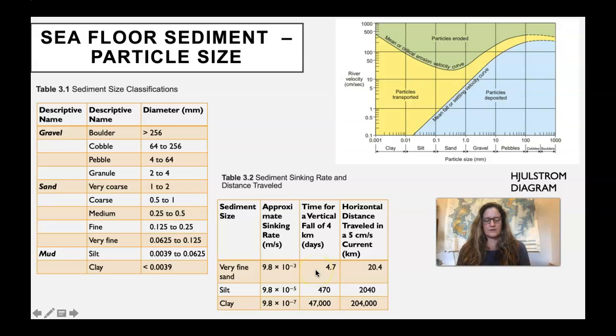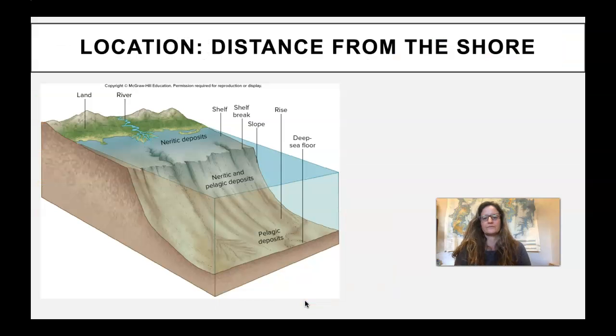So 4 kilometers, pretty high, a tall amount of vertical distance. 4.7 days for very fine sand, silt 470 days, but clay 47,000 days for that clay to fall through a water column 4 kilometers tall. The reason is a clay particle is shaped like a sheet of paper. It's going to just do this forever, maybe float around and then fall some more. So it takes a lot of days for that clay particle to fall to the seafloor.